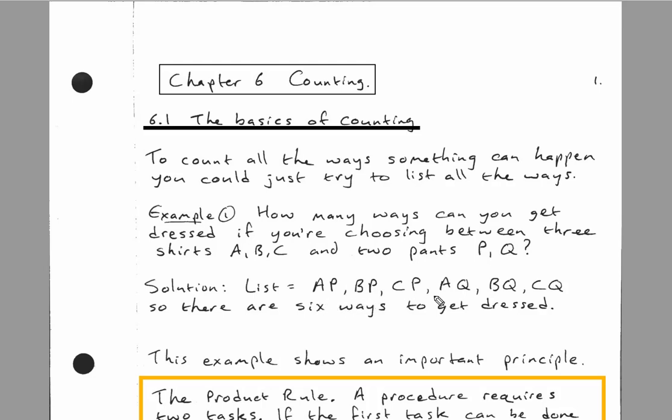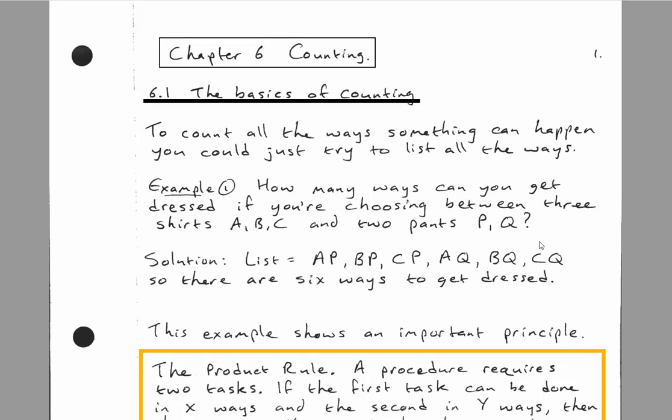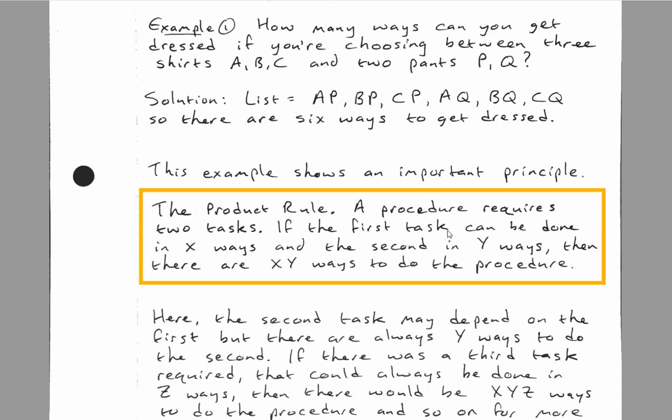That makes sense, and we can make a list of all the ways. We've seen things like that before. But it illustrates an important principle. We can call it the product rule.